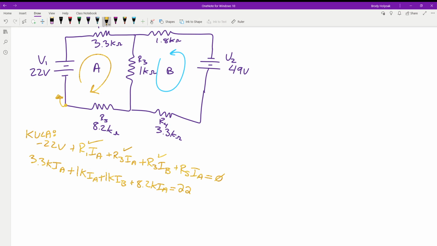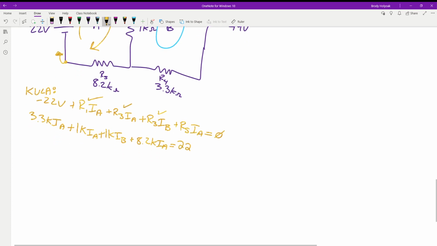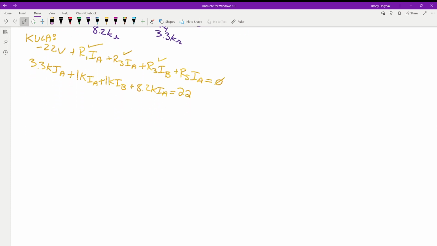Now we combine together all of the IAs and IBs to put them together as one single variable. So we've got a 3.3K, we've got a 1K, and we've got an 8.2K.